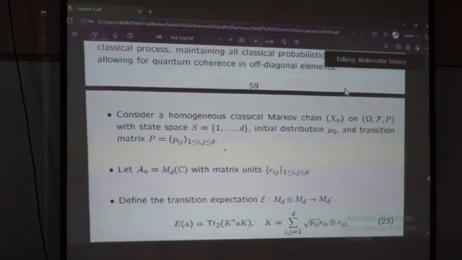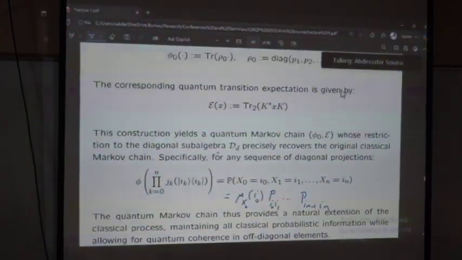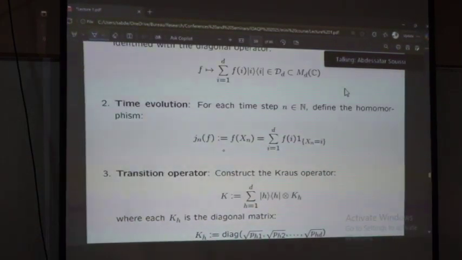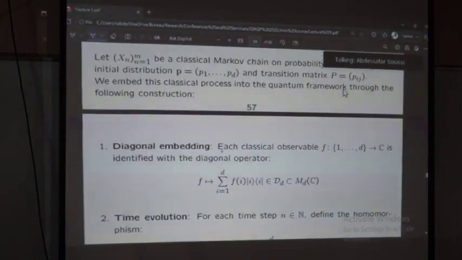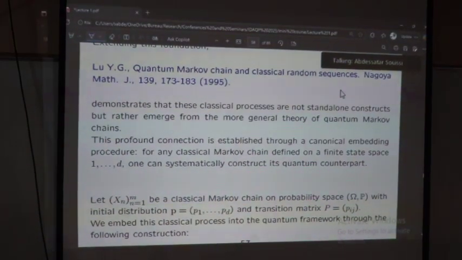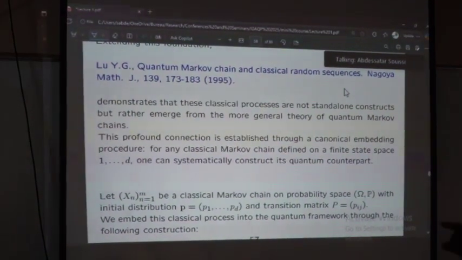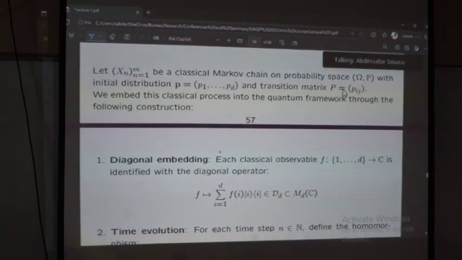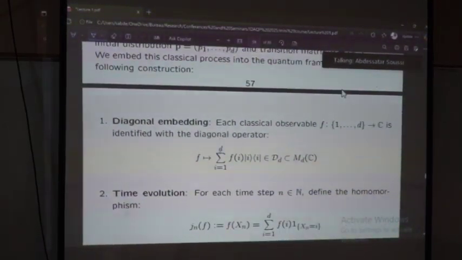This paper is really recommended for people who are interested in starting to understand quantum Markov chains, namely if they have a background in probability. This is a very nice way to see any classical Markov chain in the quantum framework.